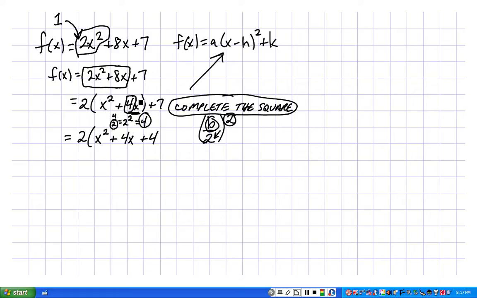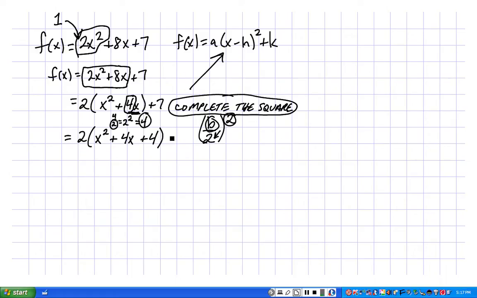I've isolated this when I did my factoring of the 2. I've turned this into a binomial. And because I want a trinomial, to complete the square, I divide my b, my 4, by 2, then square it to give me a 4. And now that gives me a trinomial again. Alright?